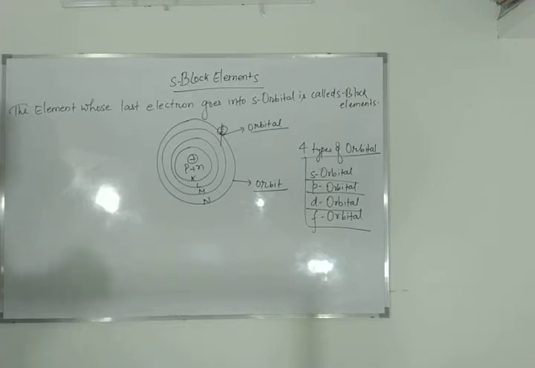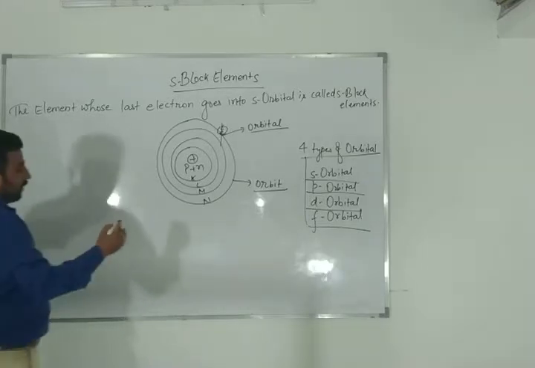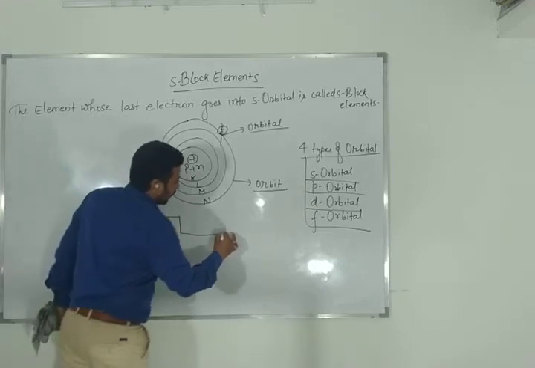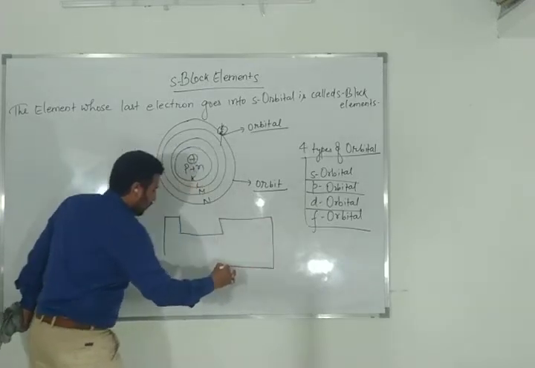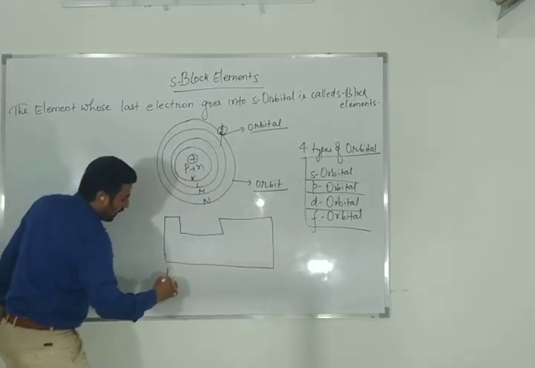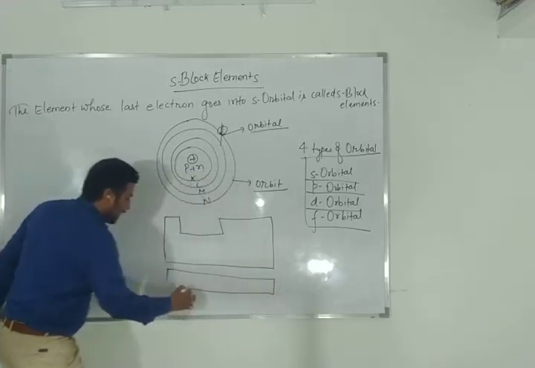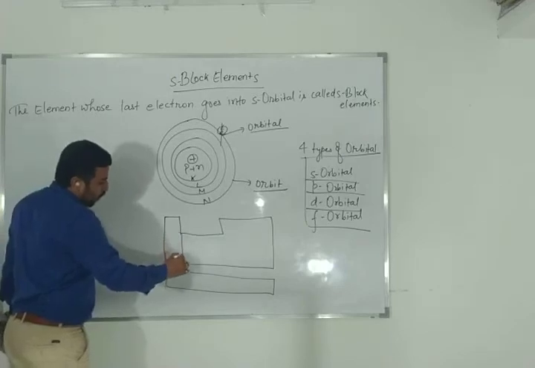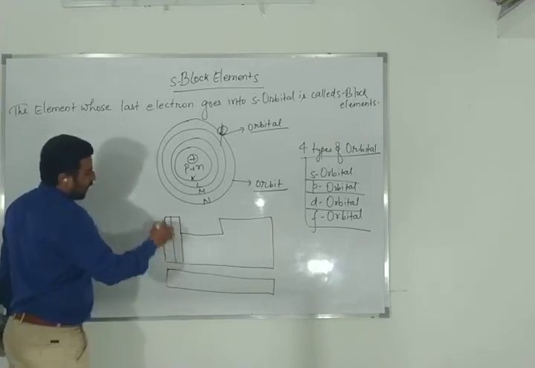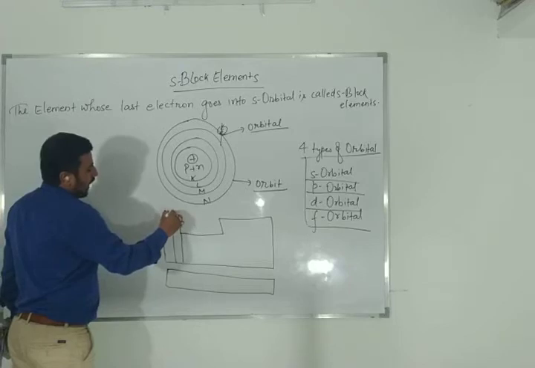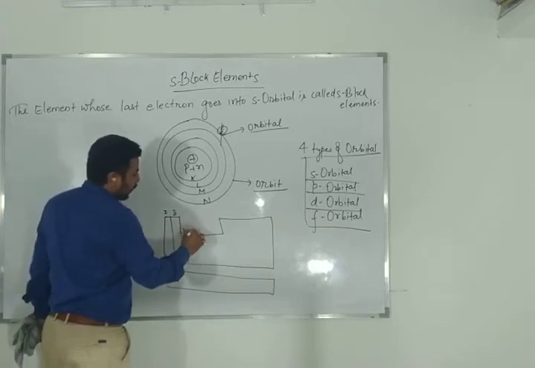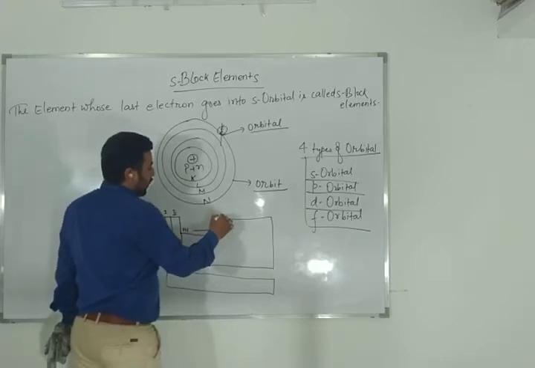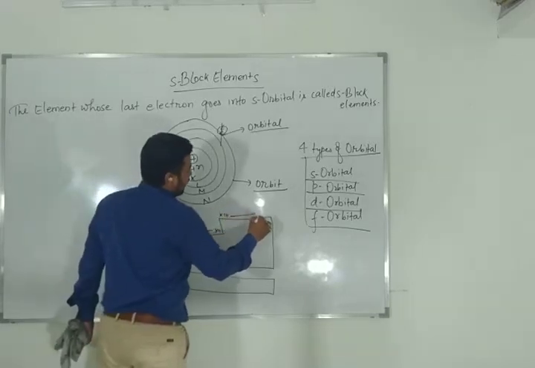Now if you have seen a periodic table, then you may have seen that the periodic table structure is like this. Right? So you can see this block, group number 1 and group number 2, and from here 3 to 12, from here 13 to 18.